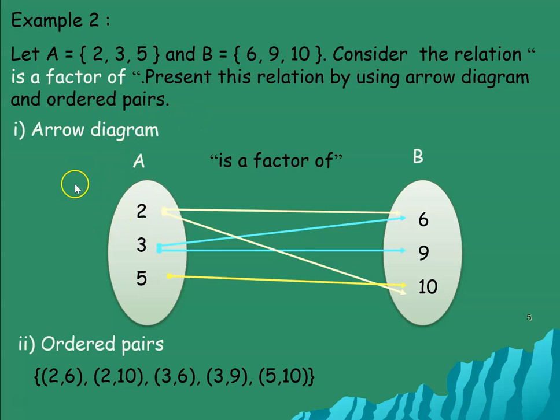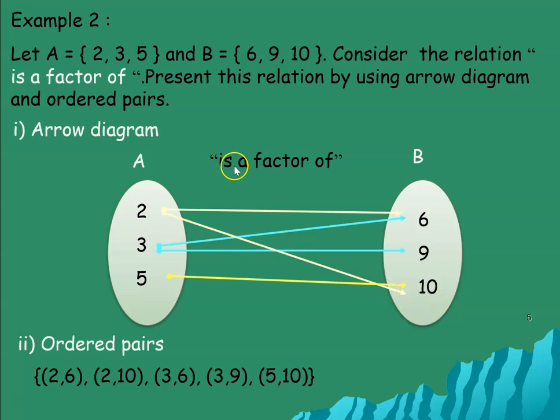So kita ulang sekali lagi benda yang sama using arrow diagram and also order pairs. You have the first set, set A, which consists of 2, 3, and 5, and set B consists of 6, 9, and 10. The input over here we call as domain, and the output, ataupun hasilnya, we call as range.